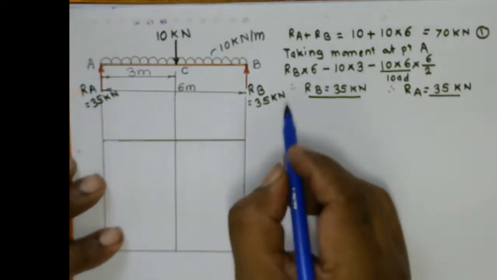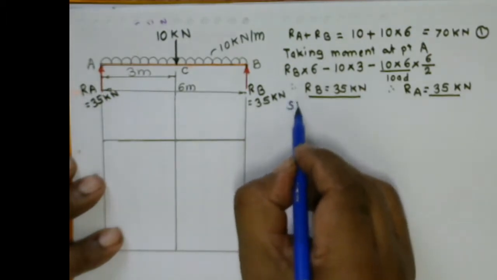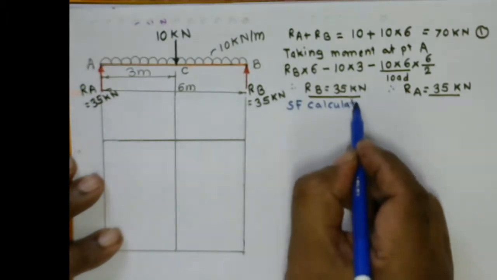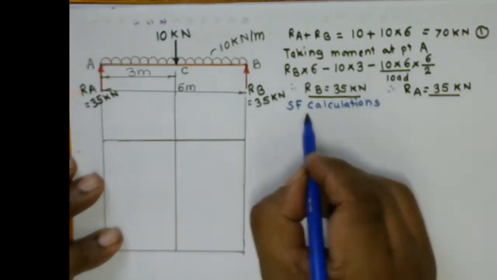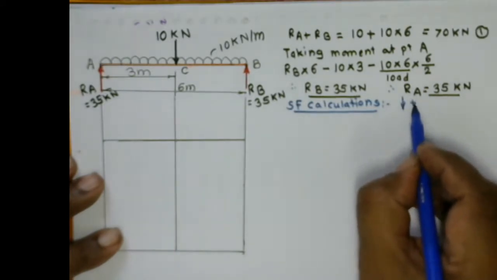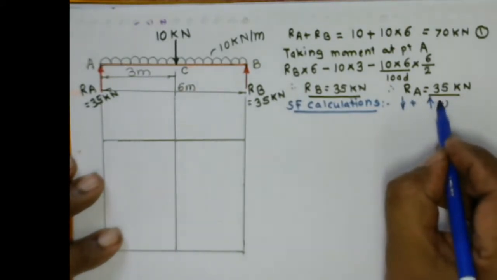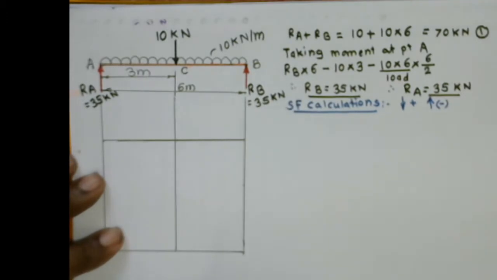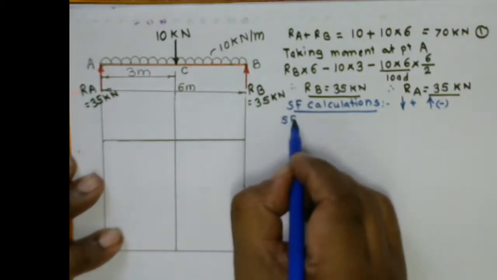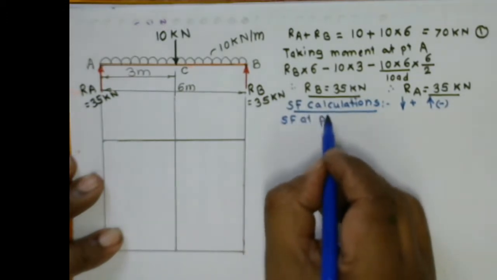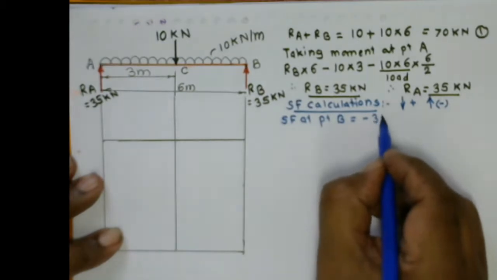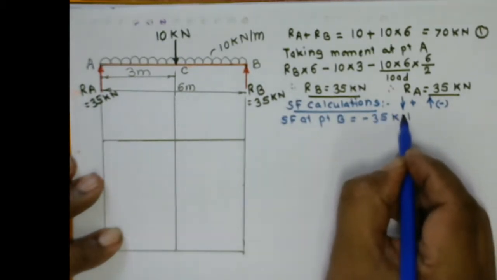Now the next step is shear force calculations. To calculate the shear force, first we have to decide the sign convention: downward force positive, upward force negative. So shear force at point B is acting in the upward side, so minus 35 kilonewton.